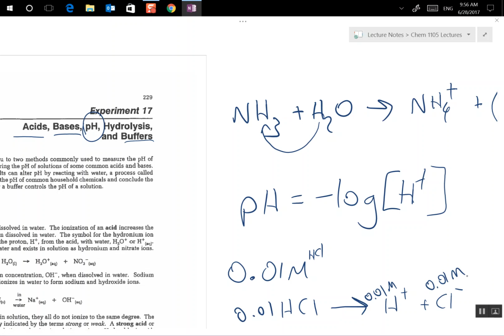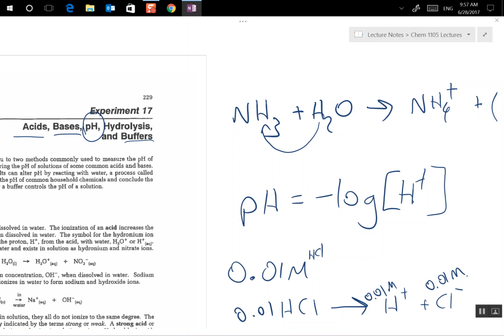So if I knew the concentration of the HCl, then I could determine the pH of it. What is the pH of a 0.01 molar HCl solution? Well, it produces 0.01 molar H plus. And what is the pH equal to? pH is equal to the negative of the log.